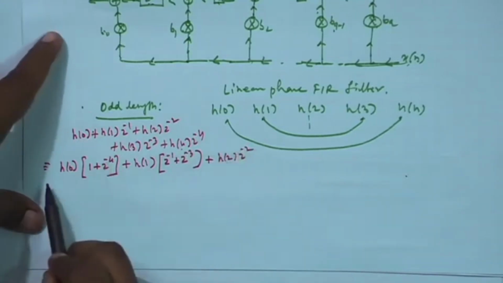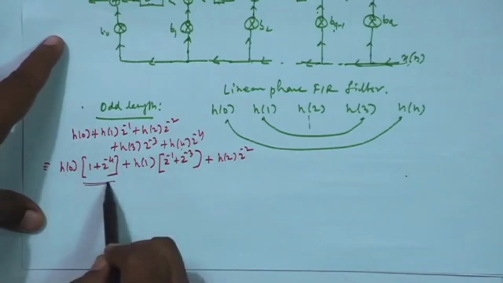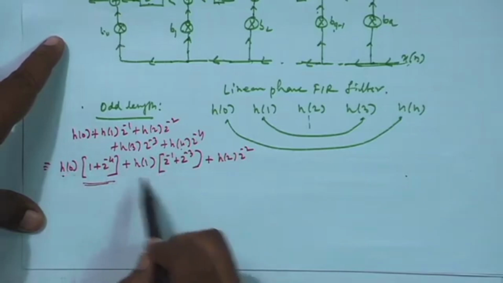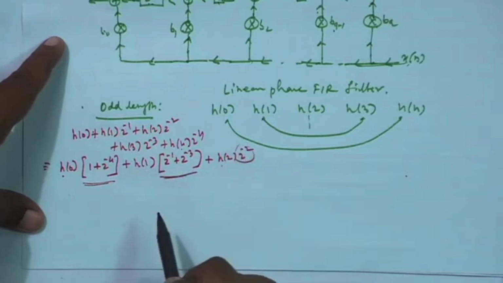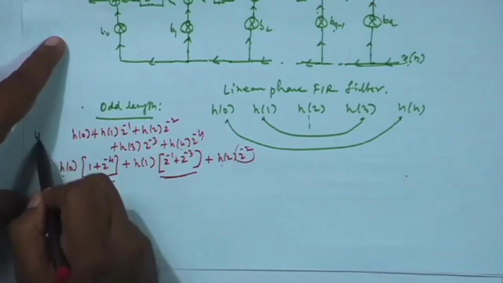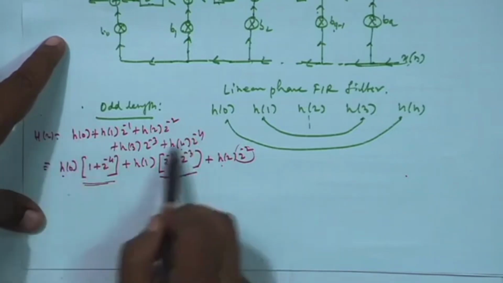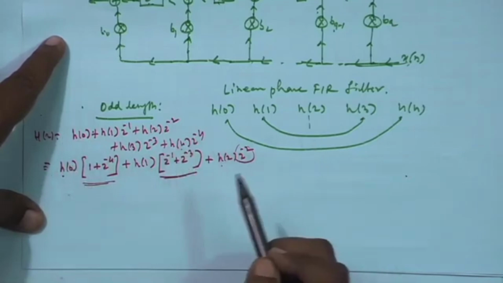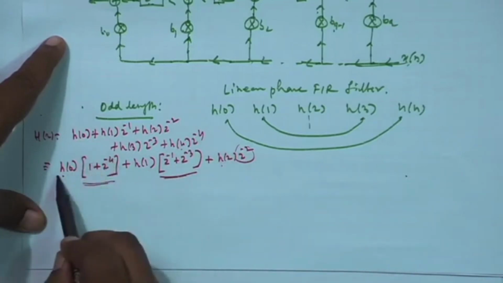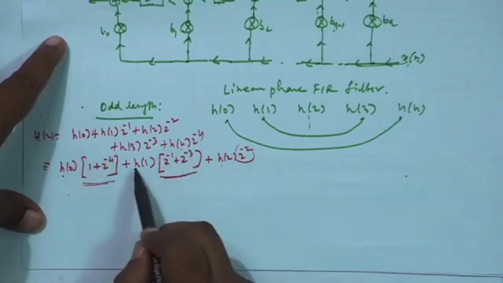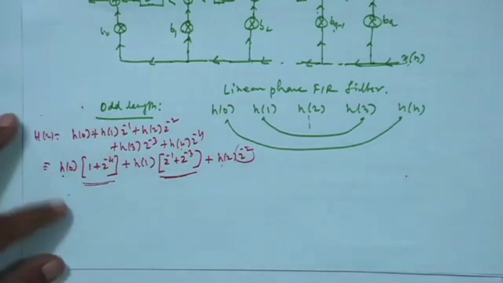So, output will be Xz into this part into H0, plus Xz into this into H1, plus Xz into this into H2, because this is the transfer function Hz. So, output Yz by Xz is this. So, Xz into this whole thing, that will be output Yz. Xz into the whole thing means Xz into this part multiplied by H0. Here Xz into this part multiplied by H1. Here Xz into this part multiplied by H2. So, this you can do like this, you see.